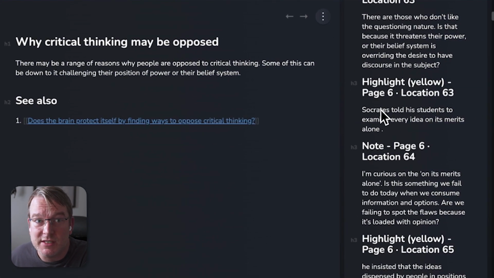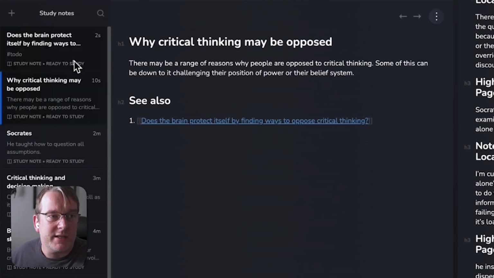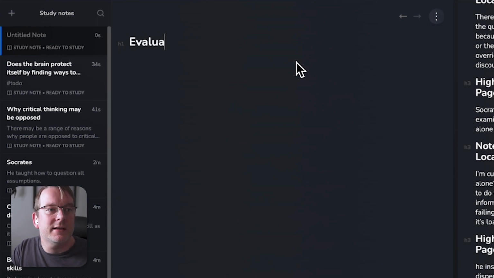Socrates told his students to examine every idea on its merits alone. So we're just going to create an evaluating ideas note.